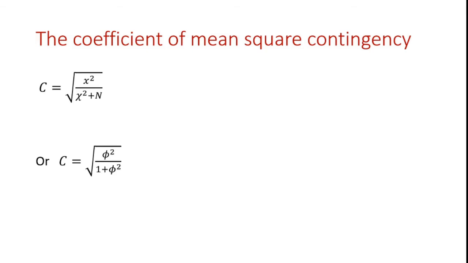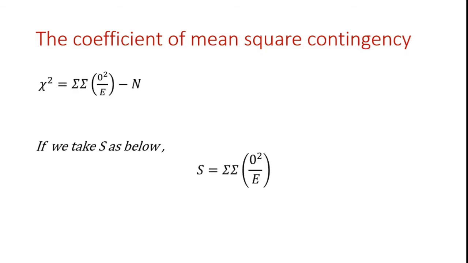You can relate this to the chi-square distribution, where this is the coefficient of mean square contingency, in terms of the chi-square value or the phi square value. Now why this is important, I will show you.